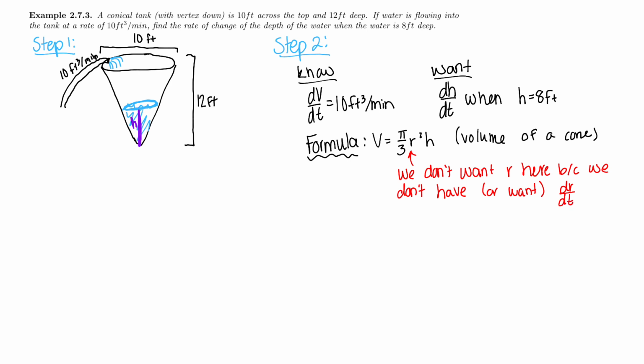And here's where the trick comes in. There's a trick here. The trick, my friends, is called similar triangles. So, imagine, if you will, we have a big right triangle here.